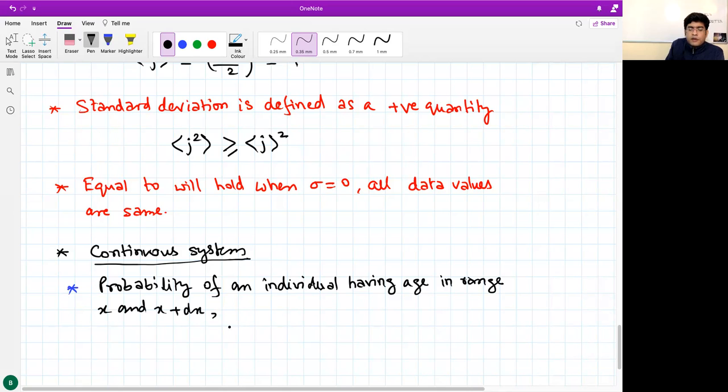If you try to calculate the probability here, so this is like we have rho.